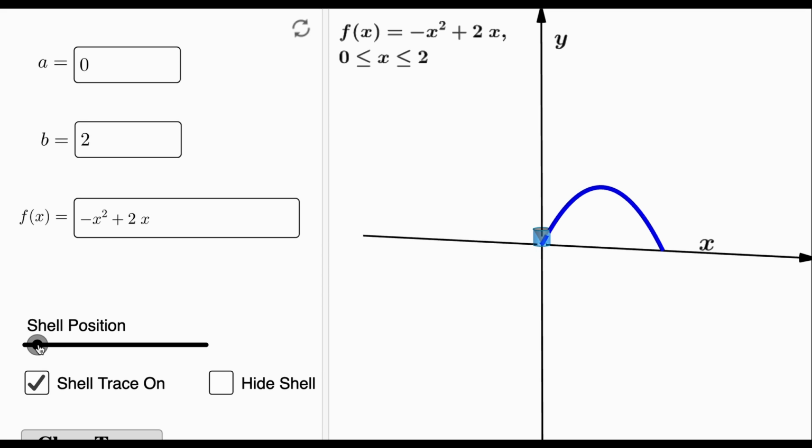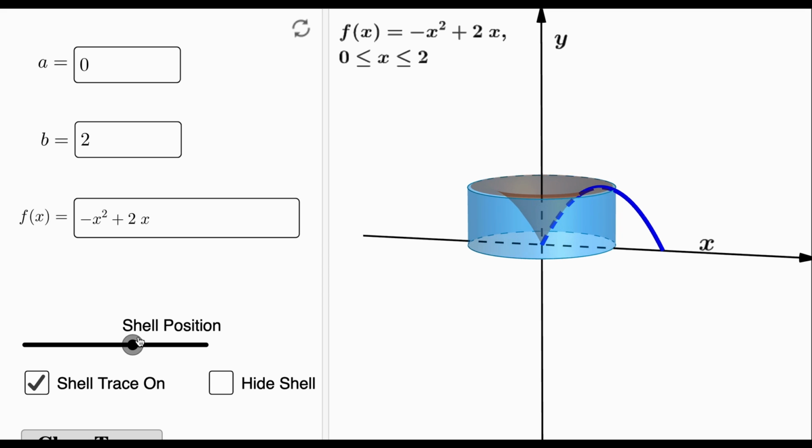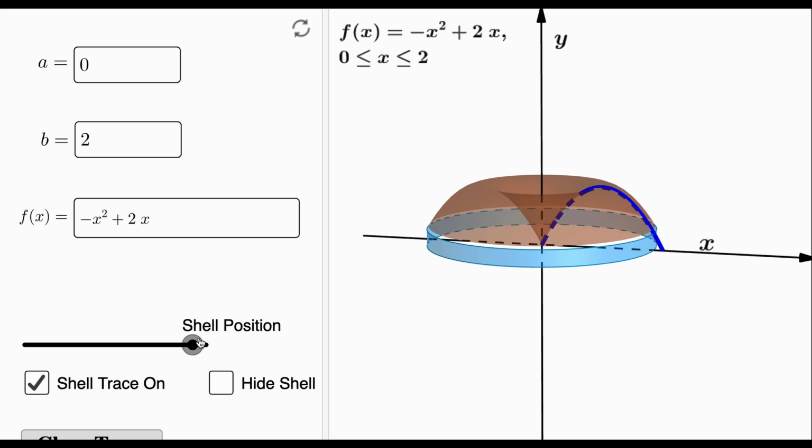Now let me show you what it looks like as we build it all the way across. As we build those cylinders, or cans, all the way across our function, you'll see this brown shape coming in, and at the very end you'll see the full shape. Building all of those cylinders all the way through the function, you end up with this volume shape.